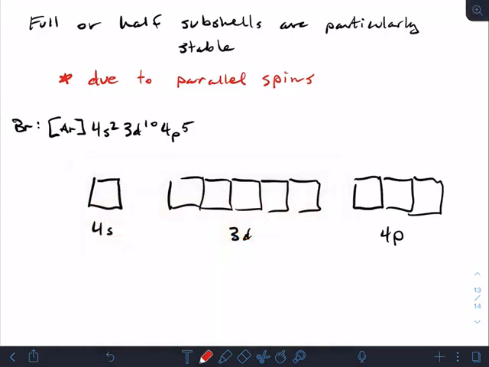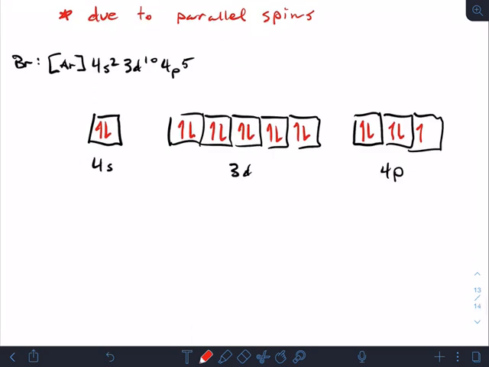Here's my 3d, and here's my 4p. When I go to fill this, I'm going to put my 2 electrons in my 4s and my 10 electrons in my 3d. And then I'm going to have my 5 electrons in my 4p.